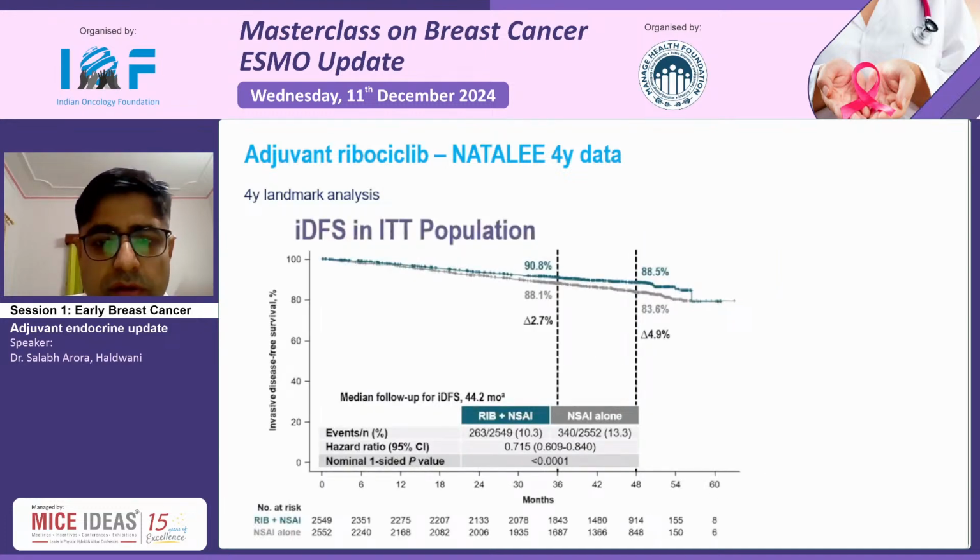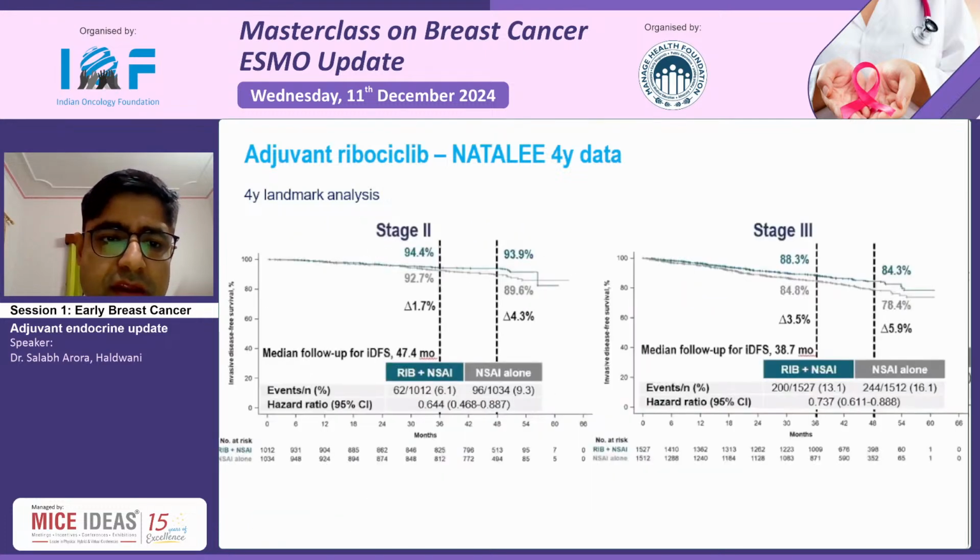So we already know the previously reported results of the NATALEE trial. There was a delta of 2.7%, an absolute benefit at 3 years. And now with the 4-year results, it has been shown that this benefit further rises to 4.9%, which was statistically significant. So approximately 5% improvement in the ITT population.